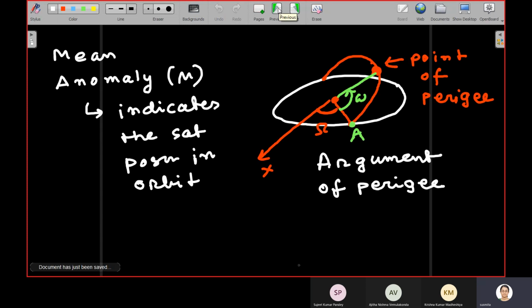So last time we were discussing mean anomaly. So let's define the mean anomaly first.